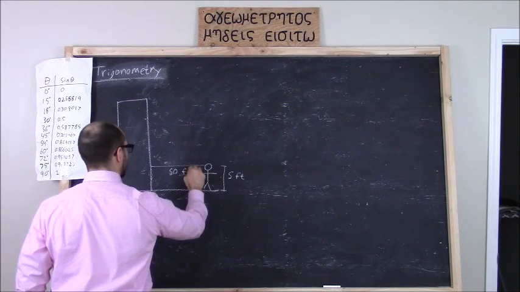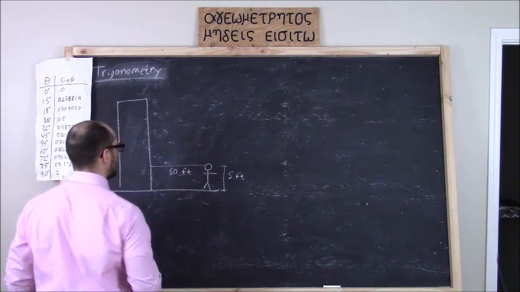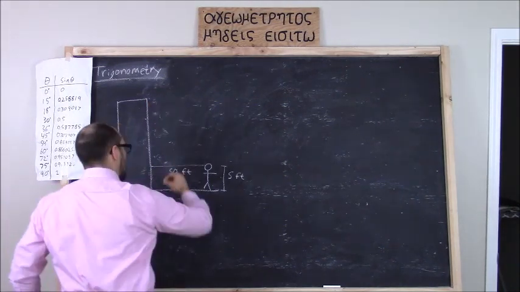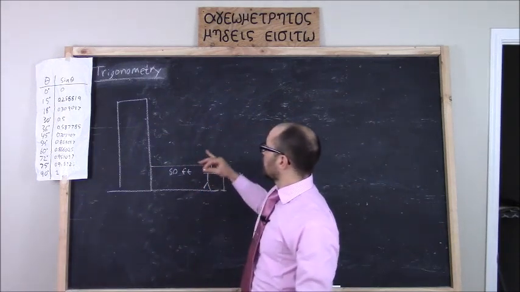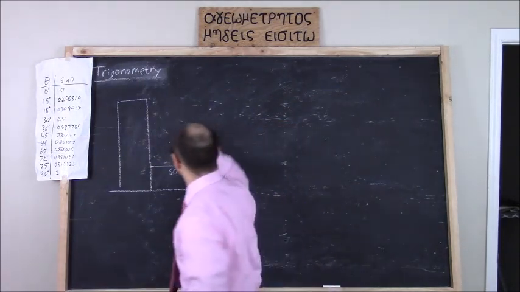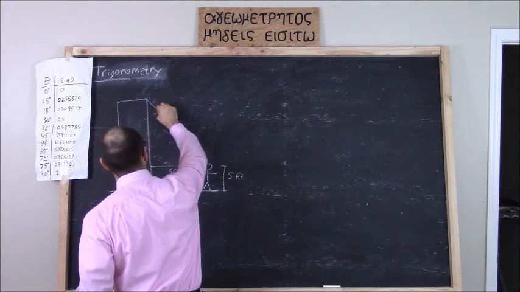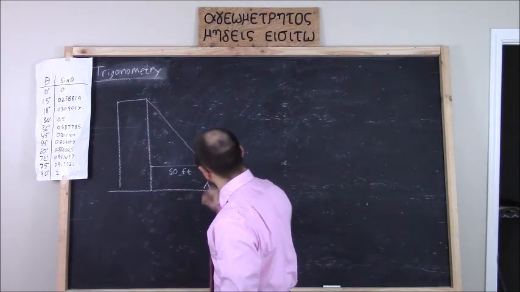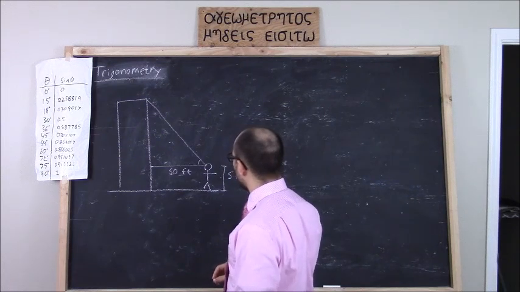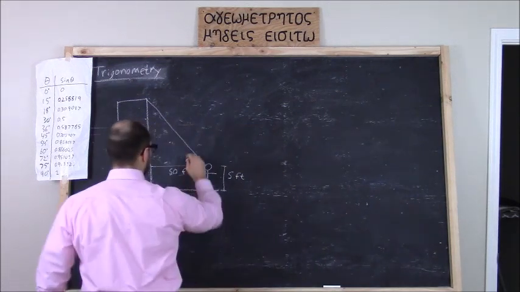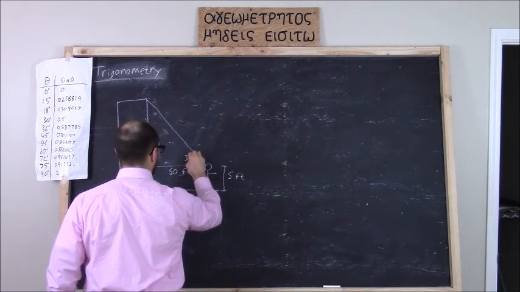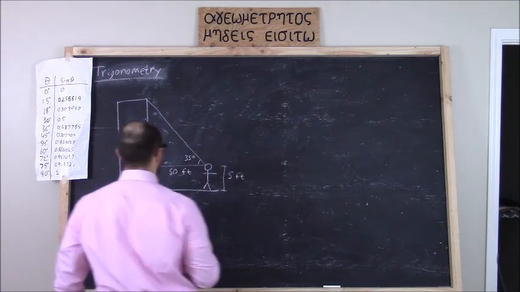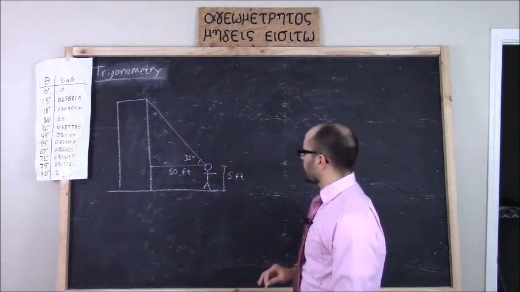You are standing 50 feet away from the building. Now, from that point, you look to the top edge of this building. I'll draw a line here to represent that. And using a protractor, you measure that to be 35 degrees. That is your angle.